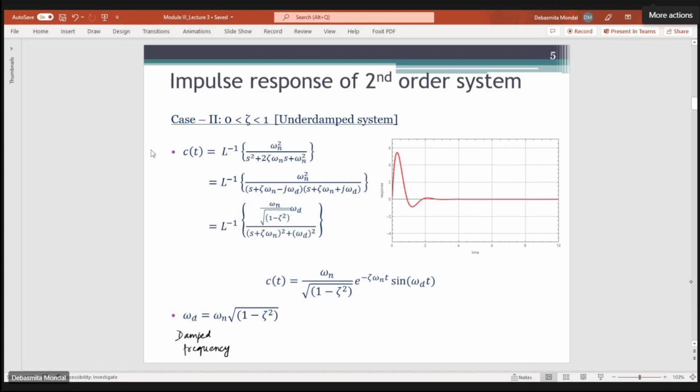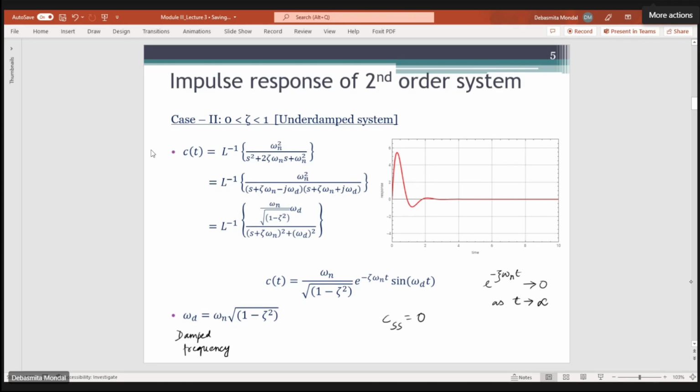This negative exponential e to the power minus zeta omega n t will tend to 0 as t tends to infinity, right? So at steady state, the value of c(t) will be equal to 0. The steady state value of this output will be 0, and the transient output will be given by this whole function.